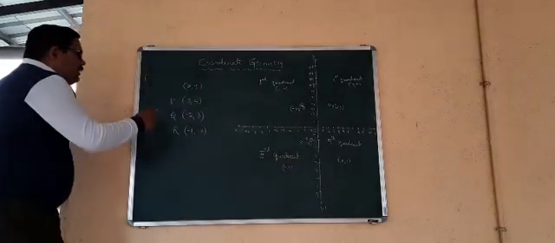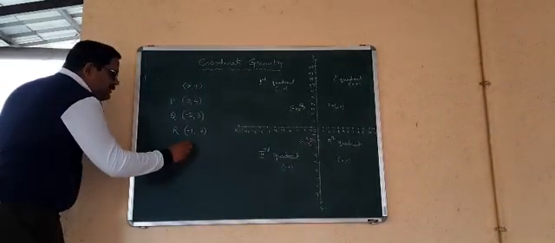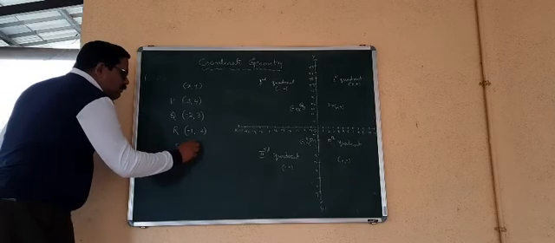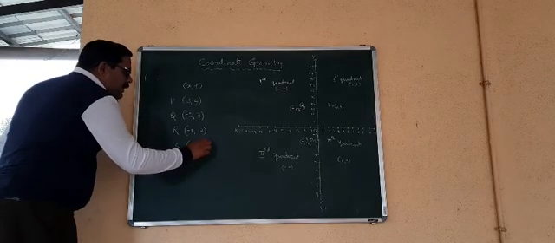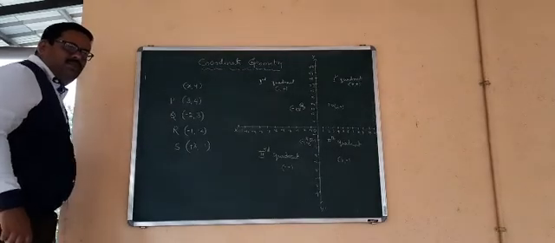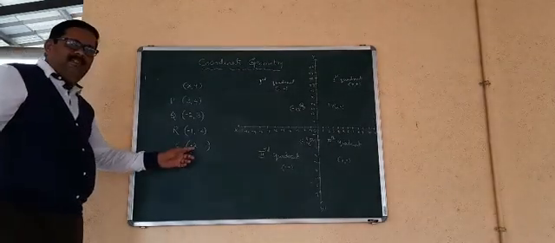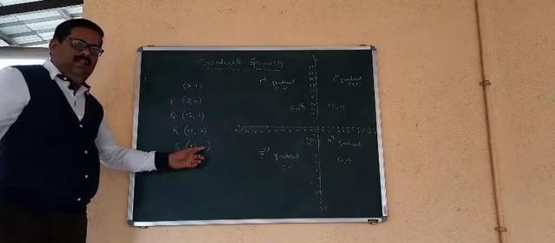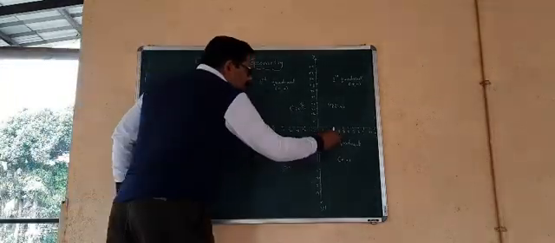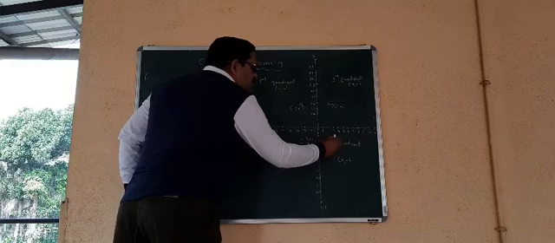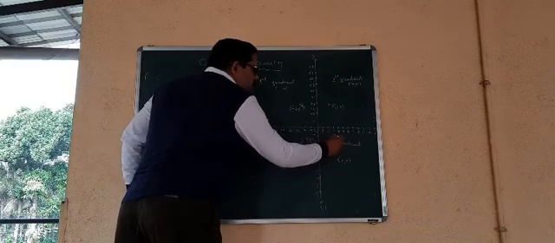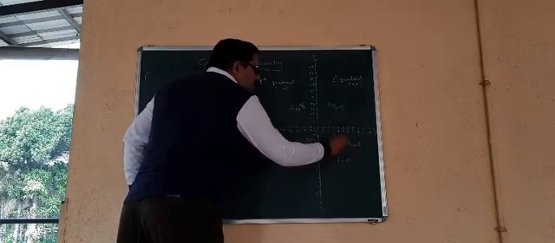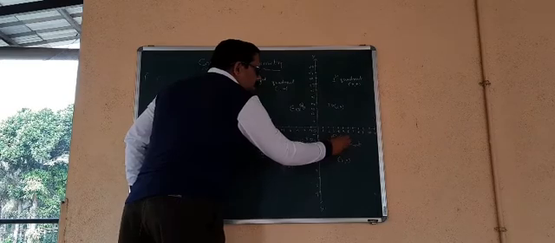Suppose we have another point S, the value is plus 3, minus 1. Here the abscissa has a positive value and the ordinate has a negative value. The point is here, plus 3 and minus 1. So this is the point S, 3 comma minus 1.